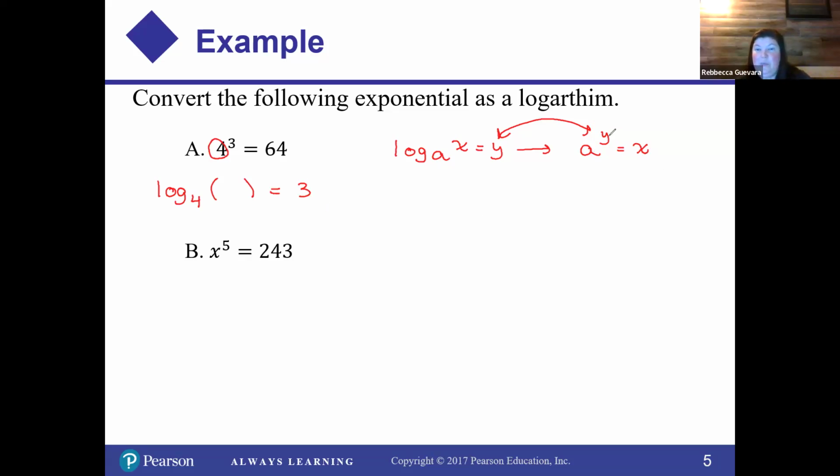And then when we raise a to that exponent, we get this x. x is what goes inside the logarithm. The same thing here. I have a log, but my base is x this time. I have to do the log of 243, and what should pop out as the result of my logarithm is that exponent.